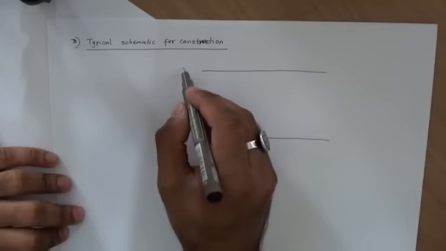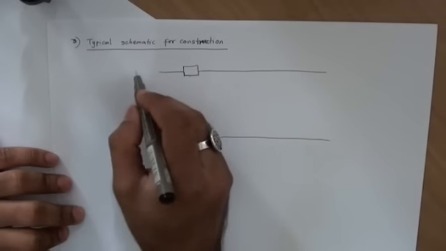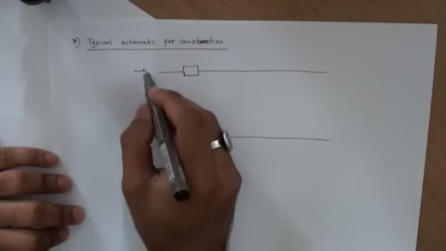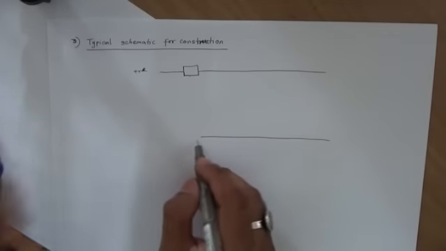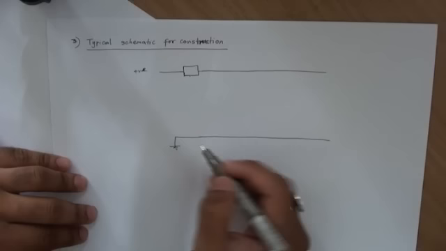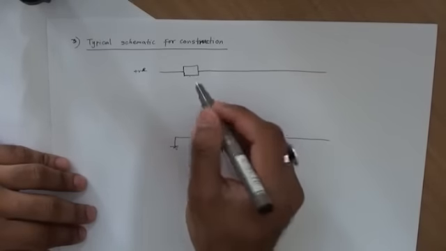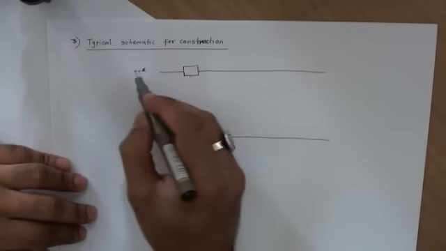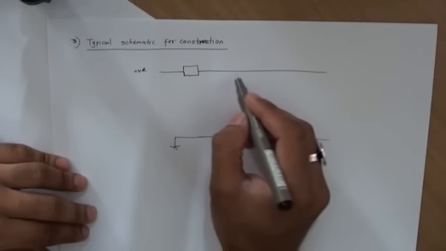So you can have either the current sensor on the positive side, or sometimes people have it in the ground as well, so we call this the ground. There are advantages in having the current sensor on the positive rail. I'll explain that in a moment, but let's draw the 6 MOSFET bridges.